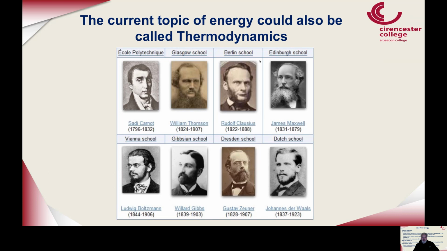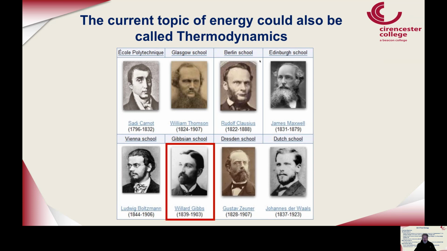All these people here were very famous in the development of our ideas of thermodynamics. We had Maxwell before, who came up with the Maxwell distribution, and Boltzmann and Maxwell were probably working independently, but they came together to get the Boltzmann-Maxwell distribution.